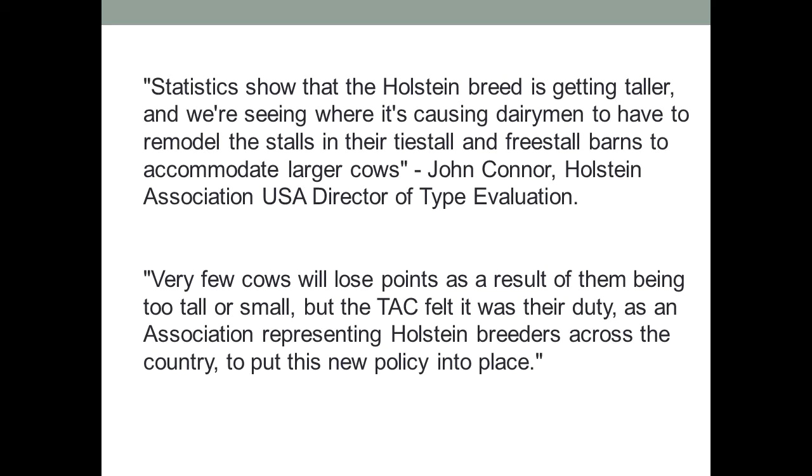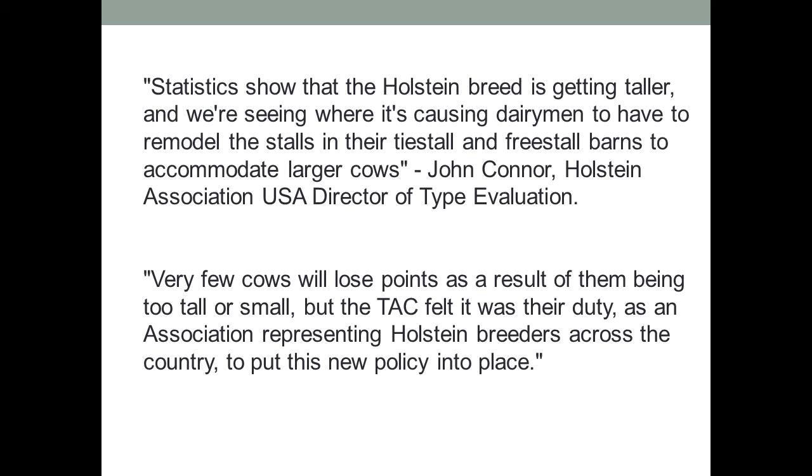So you can see John Connor was the Holstein USA Director of Type Evaluation at the time, just kind of acknowledging the problem. And so they put it in a policy that's enforced on the final score of the cow. If cows are taller than 59 inches, there is actually a deduction in their final score.